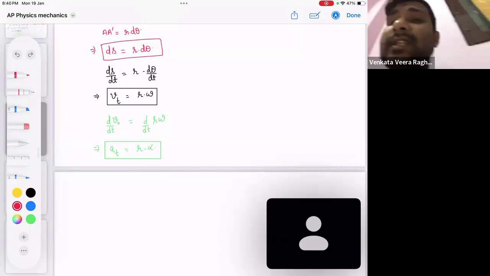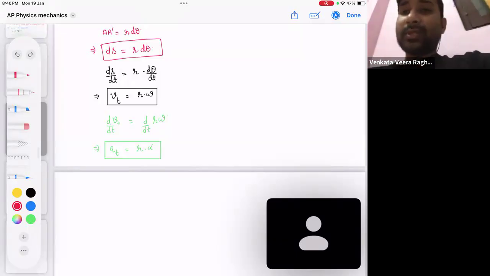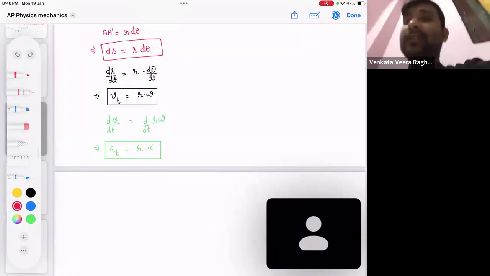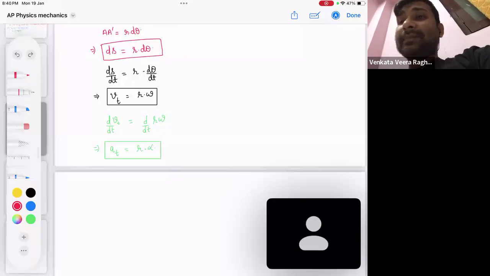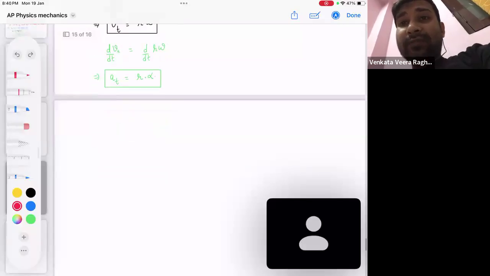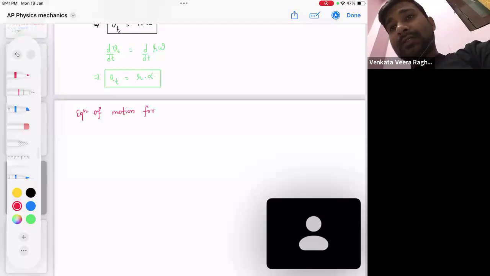Here what is the condition needed? If the particle is doing circular motion and its angular acceleration is constant, then I can apply the equations of motion. So what are the equations of motion for circular motion?